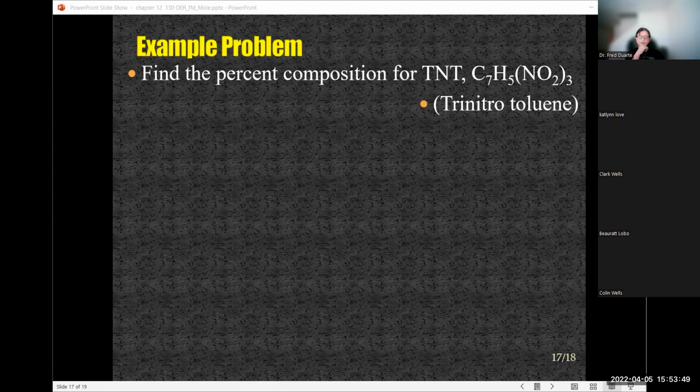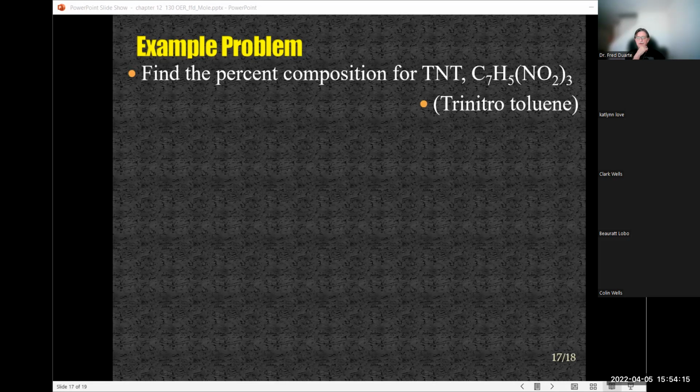Any ideas what TNT is? It's dynamite, okay? Its name is trinitrotoluene, hence the initials TNT. And there is the formula for trinitrotoluene.